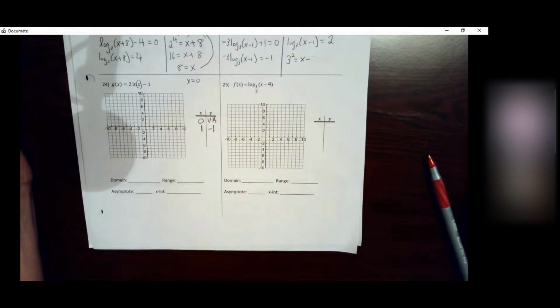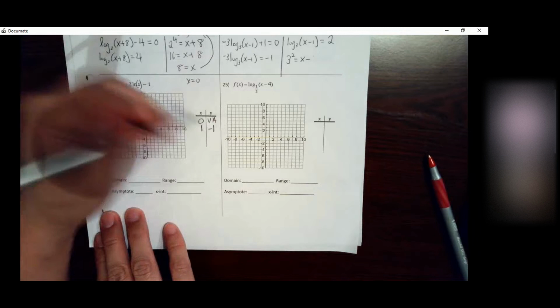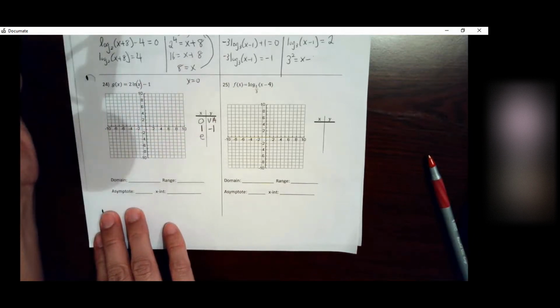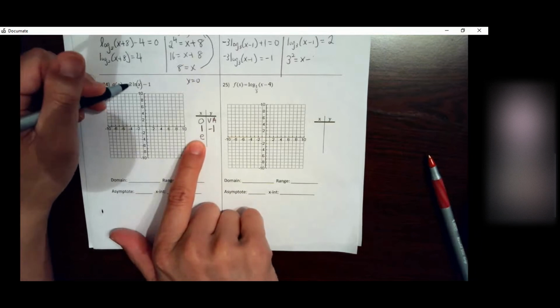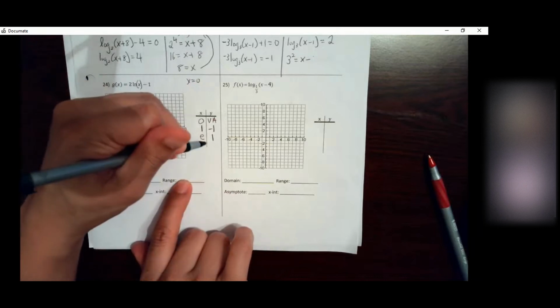Okay. And then when x is equal to e, y is equal to 1. Natural log of e is 1. 1 times 2 is 2. 2 minus 1 is 1. And there's one more that we can do.